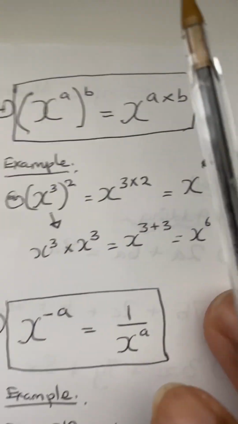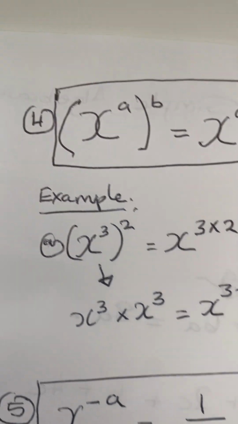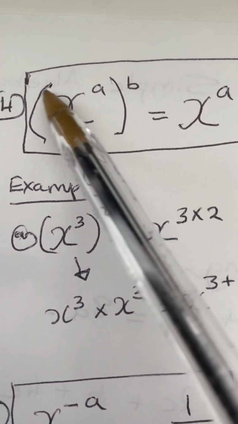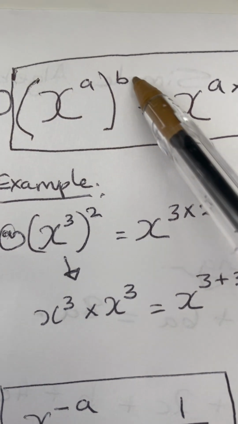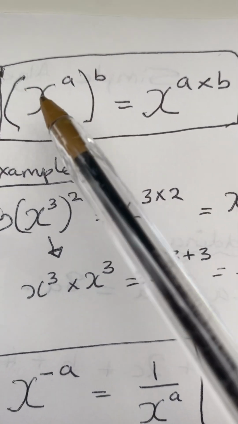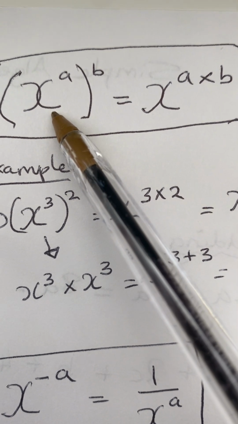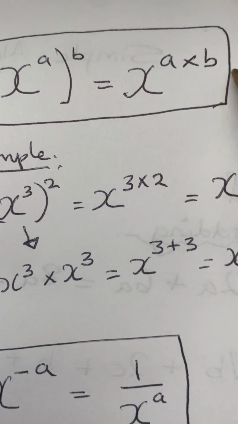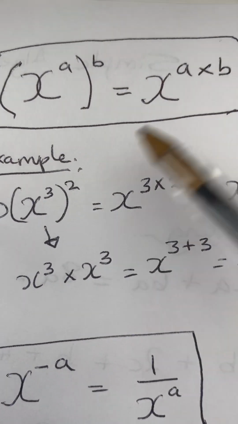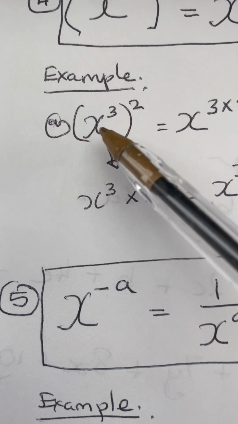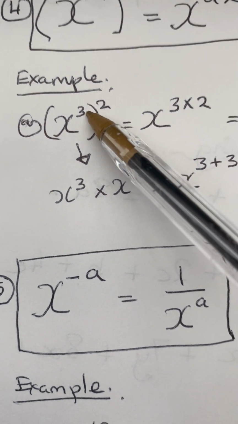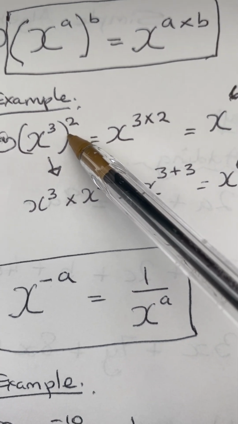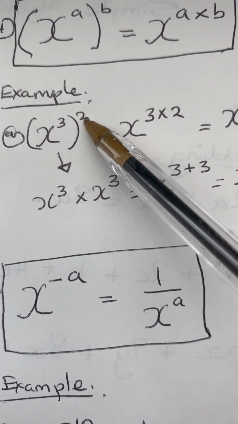Now rule 4. Assuming you have x to the power a all in brackets to the power b, what it means here is x to the power a times b. This is also a rule. I'll give you an example here: x to the power 3, in brackets to the power 2.